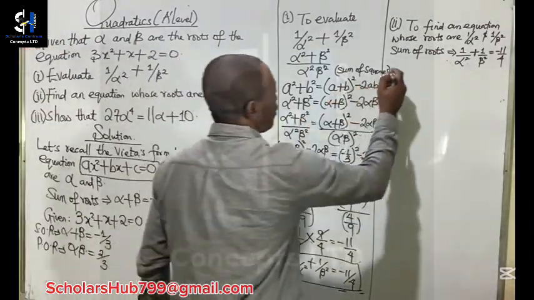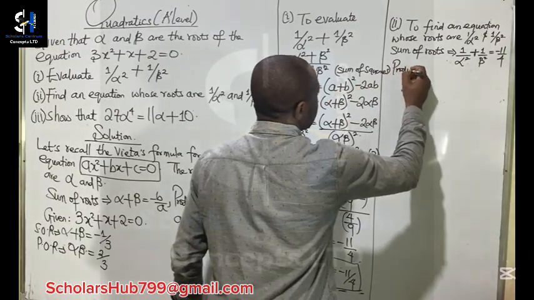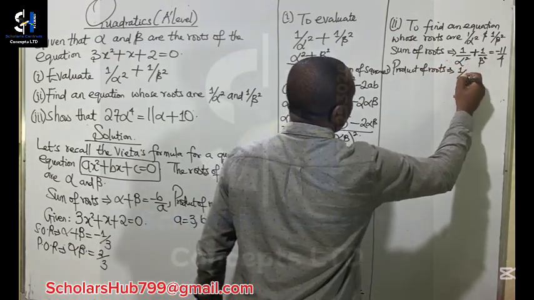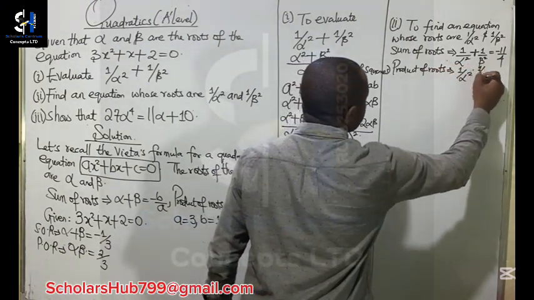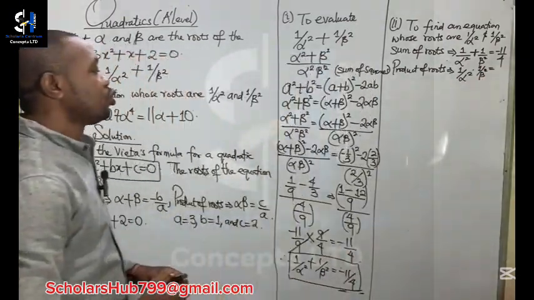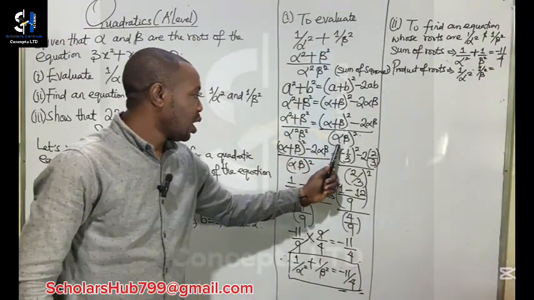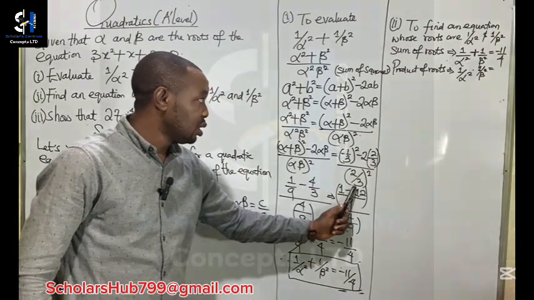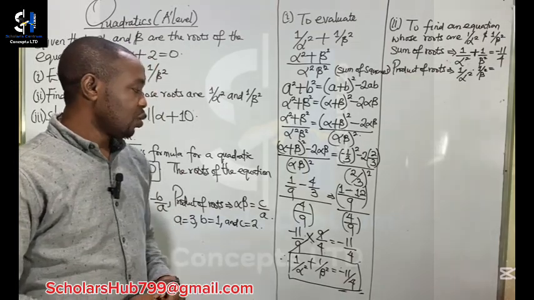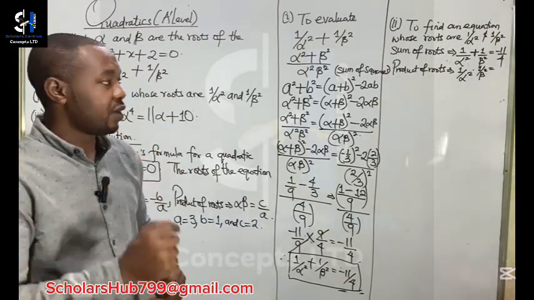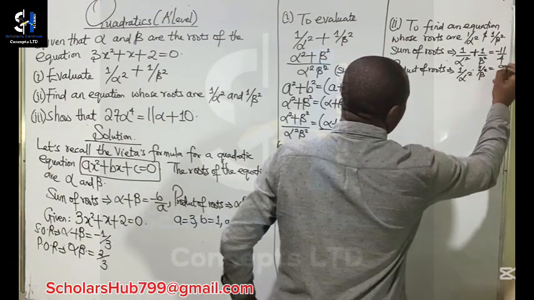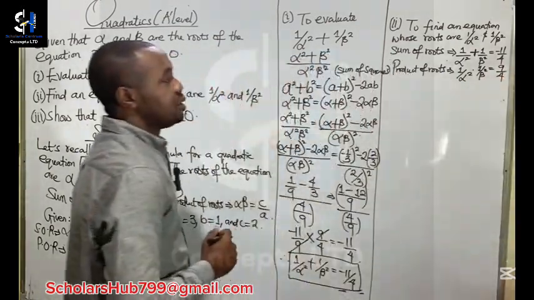Now let's do the product of roots. That will be 1 over alpha square multiplied by 1 over beta square. That's 1 over the square of alpha times beta, which is 2 over 3, and that will be 4 over 9. So we now have 1 over 4 over 9. When we flip the fraction, we're going to have 9 over 4.